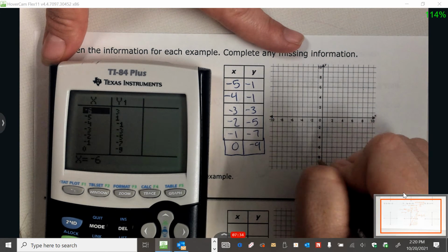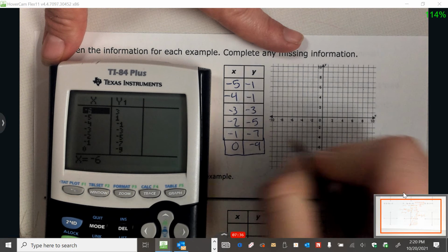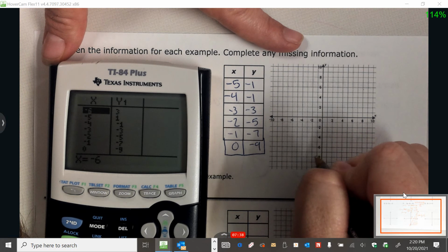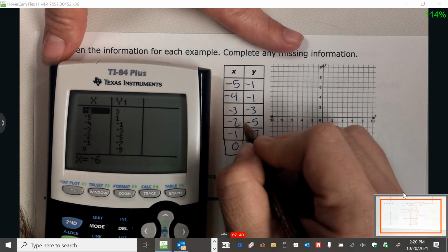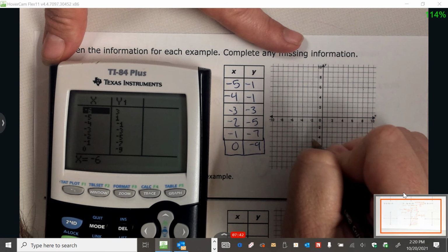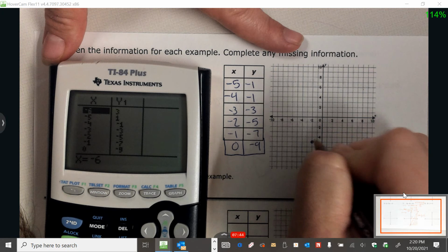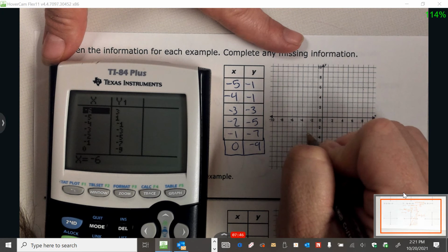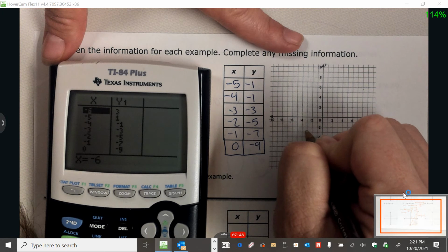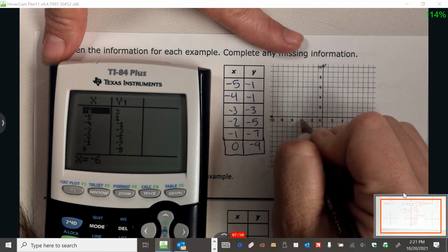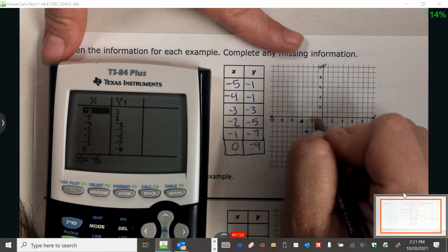So that's 0, -9; -1, -7; -2, -5; -3, -3; -4, -1; -5. Ooh, that should be +1.